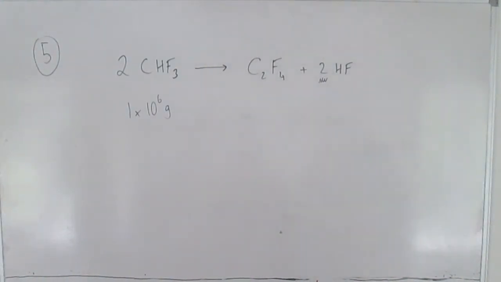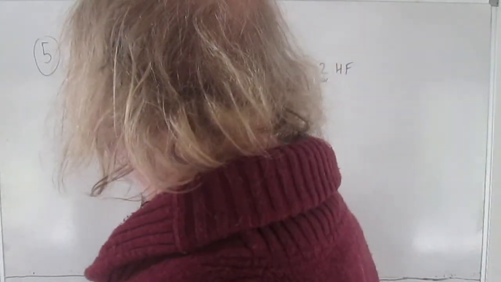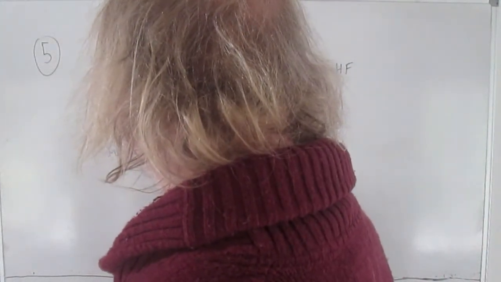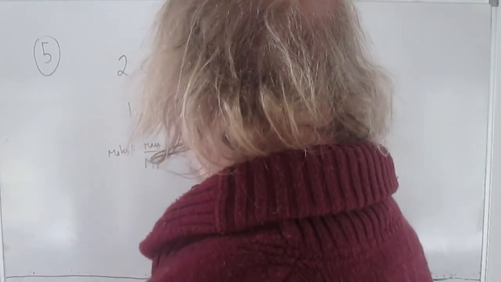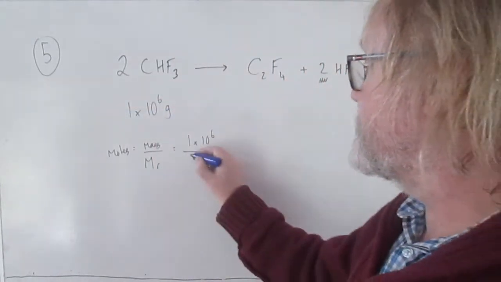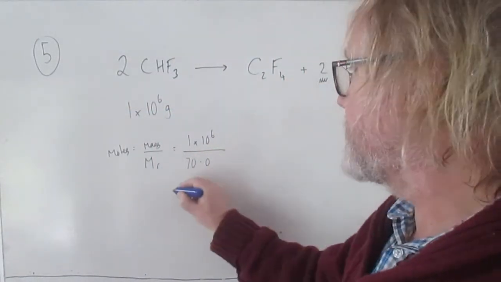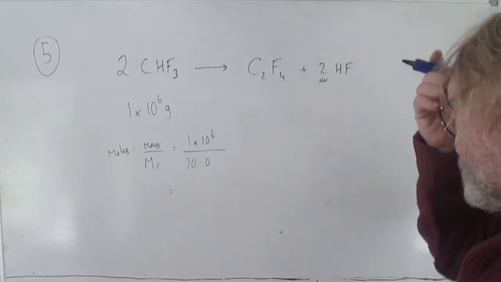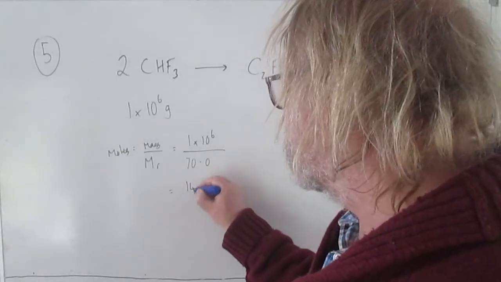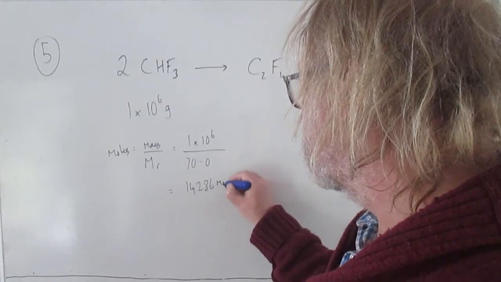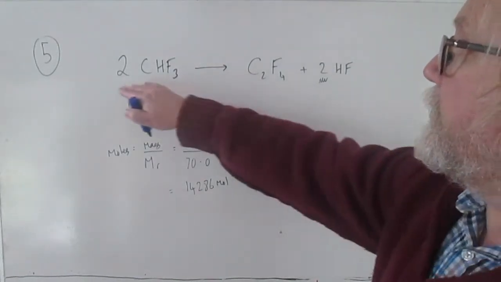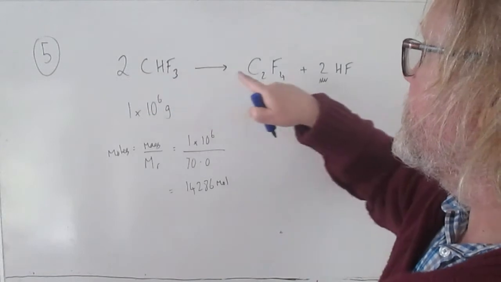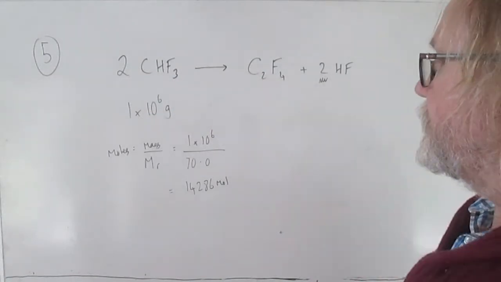So that's the mass. So we can turn that into moles, which is mass over MR, is 1 times 10 to the 6. And if you add up the MR of that, it comes to 70.0. And that comes to 14286 moles. So then we come to the theoretical yield, and you can see that the equation says that 2 moles of that just give you 1 mole of C2F4.